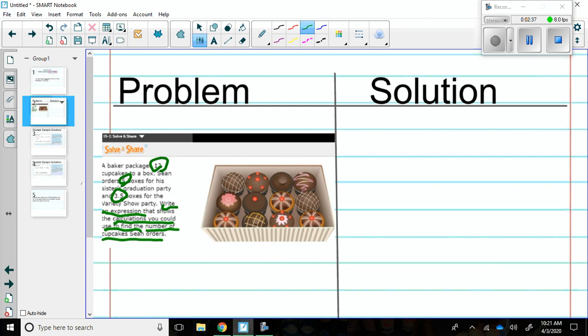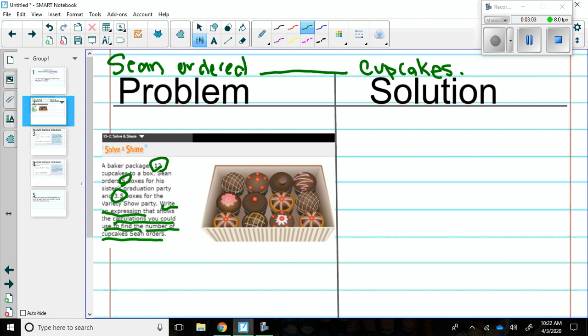So when we answer this at the end, to restate the question, it should be Sean ordered blank cupcakes. So keep in mind, we're not solving the number of boxes, but we want the total number of cupcakes at the end.